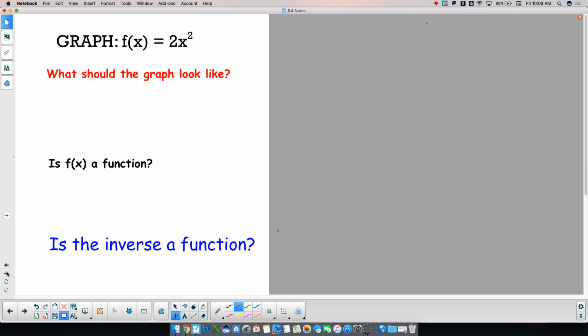So, f of x equals 2x squared. What should this relation really look like? I don't know yet if it's a function or not.